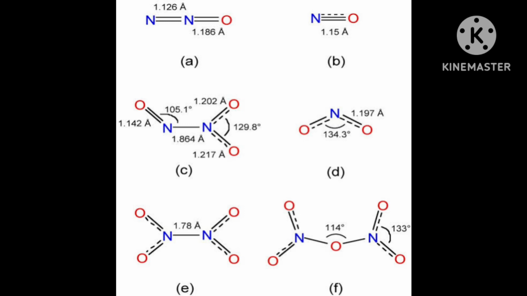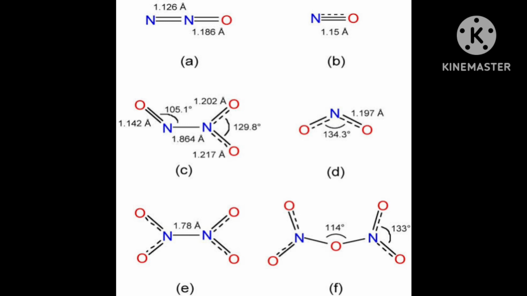Now I am telling about NO2, nitrogen dioxide. One nitrogen and two oxygens are there. Again both oxygens are attached to nitrogen with some angle. One oxygen is making a double bond and the other oxygen is making a single bond.